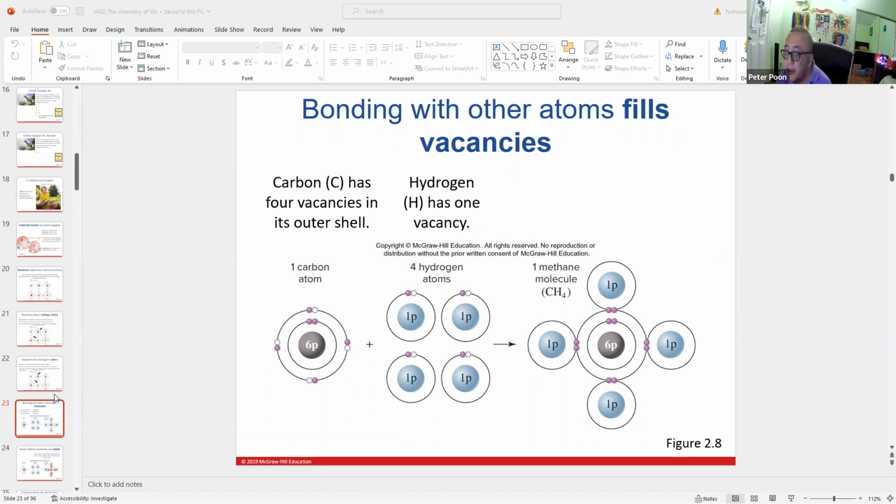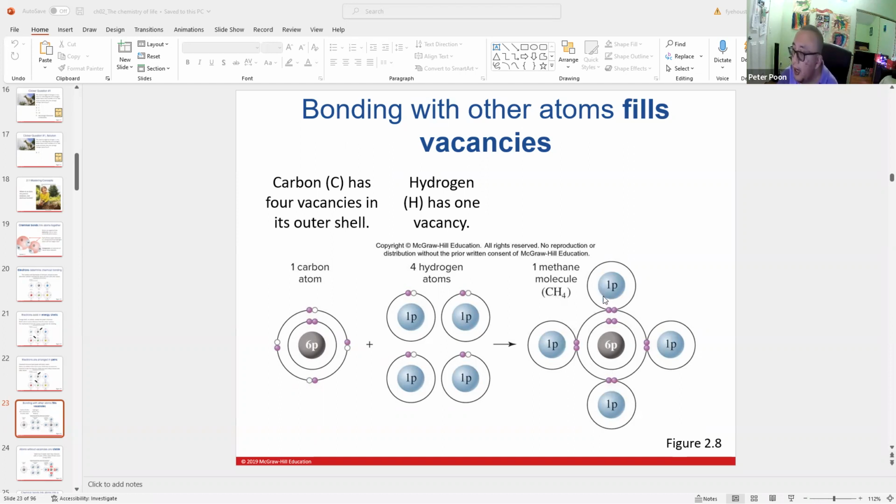When you bond with other atoms, carbon has 4 valence electrons and so 4 vacancies, and if you bond with 4 hydrogen atoms, each of them has 1 vacancy. You can see this is methane, CH4. You have 1, 2, 3, 4, 5, 6, 7, 8 around the shell, so everything looks great from the atom perspective.